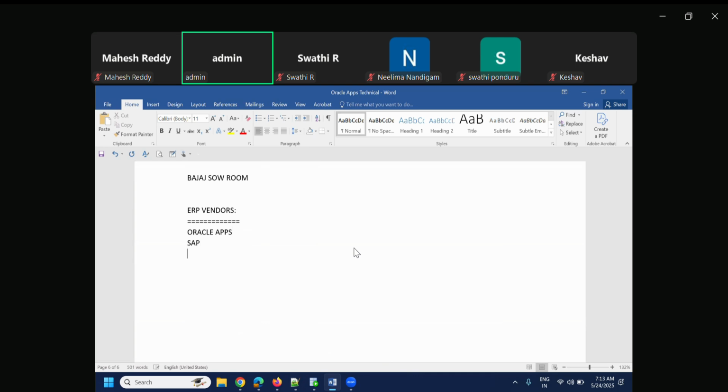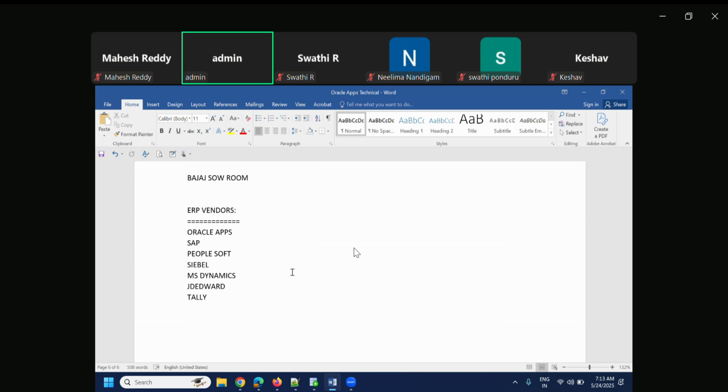Also we have PeopleSoft, MS Dynamics, JD Edwards, and Tally. Tally is also one of the ERPs, but it's at tier 3. Most of the small companies will use Tally; big companies don't want to go with Tally.